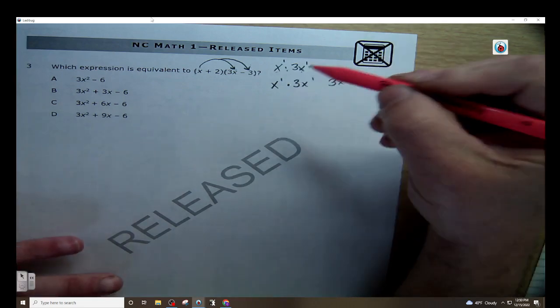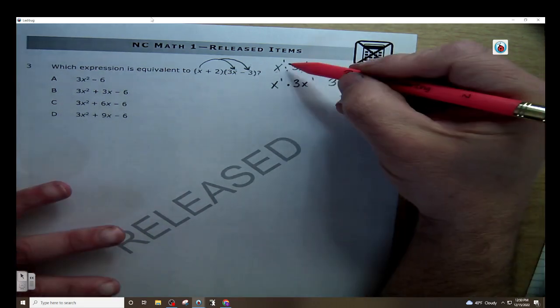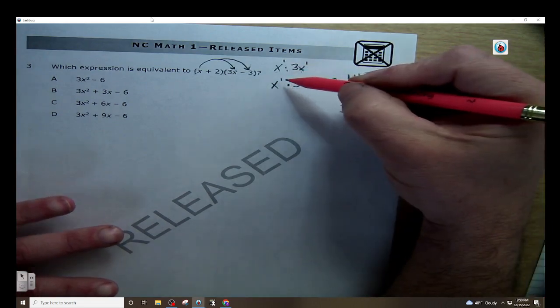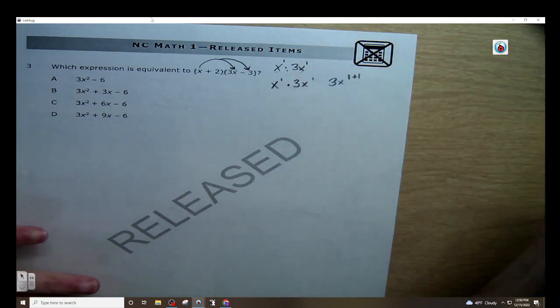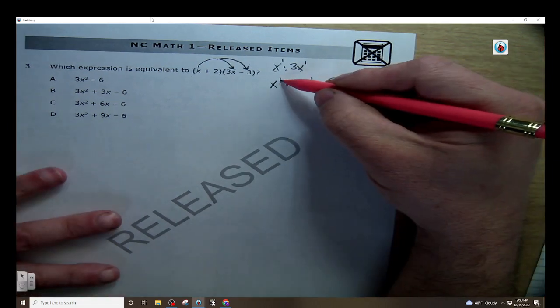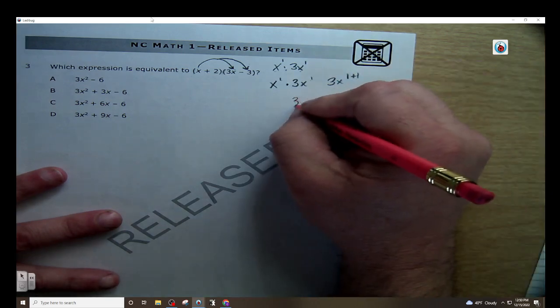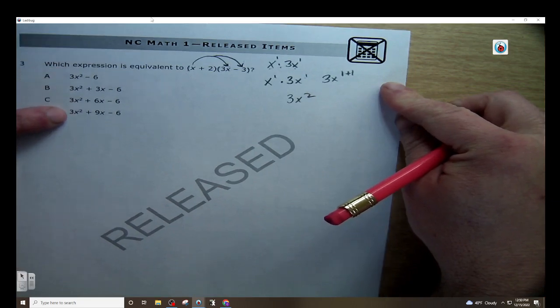When you multiply like bases, two x's, two y's, whatever, you add their exponents. If an exponent is not shown, it is known to be to the first power. 1 plus 1 is 2. So that's 3x squared. Looking at my answer choices, all of them have a 3x squared.